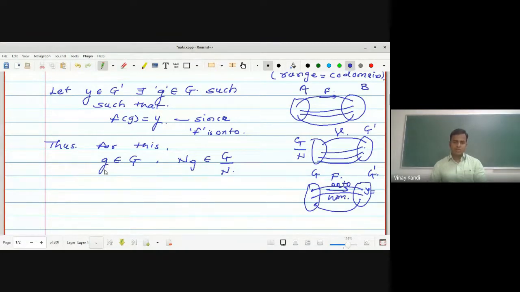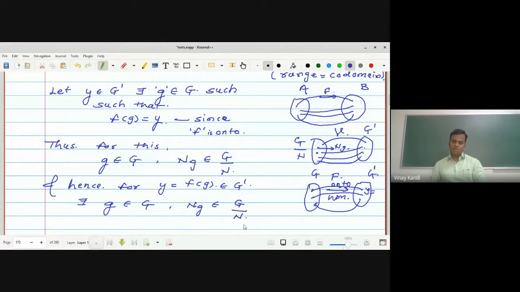For this y, I got an element g from the function, this g by n. Okay, this is ng. Okay, and hence for y equal to f of g belonging to g dash, there exists g belonging to capital G, and this ng will go to my g by n, such that this gamma of ng, apply this gamma on this element ng.